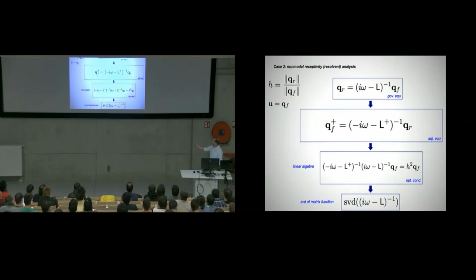The forcing, the control variable, comes out as an eigenvector, and the gain comes out as an eigenvalue squared. Okay, this is the forward mapping, and this is the backward mapping, just like before. Linear algebra is doing all that optimization for us.